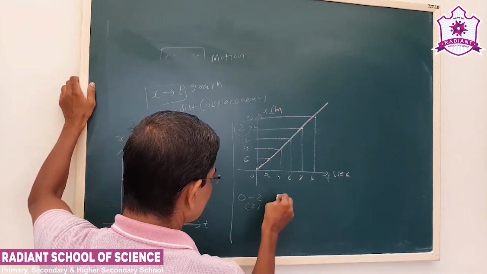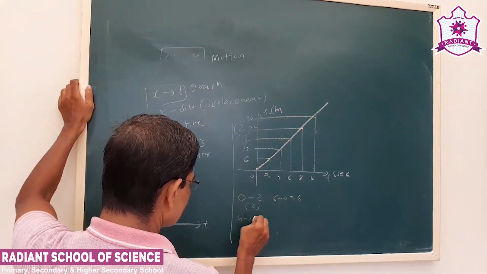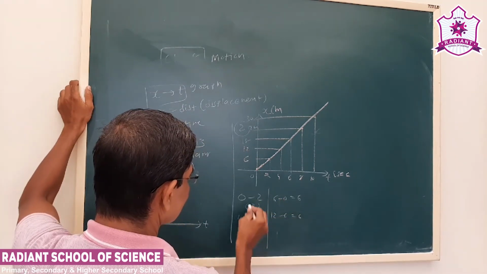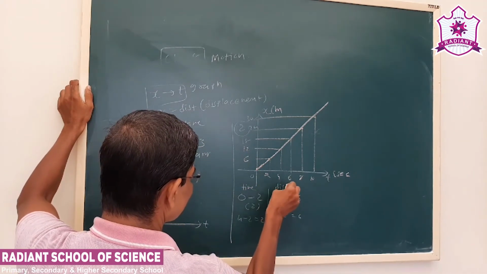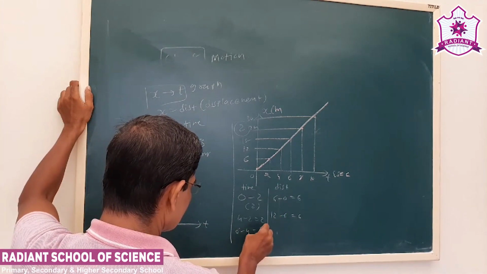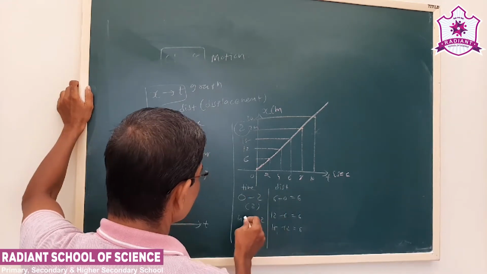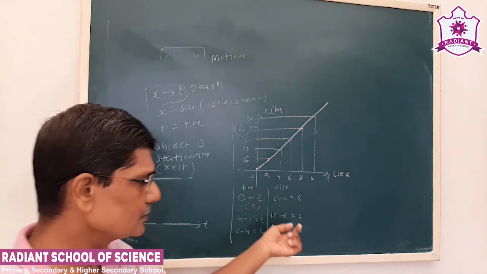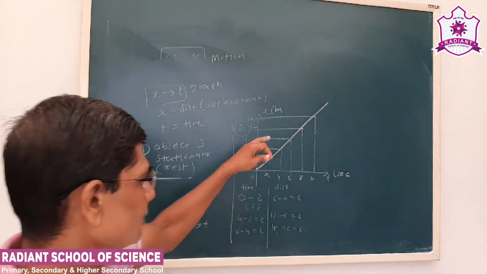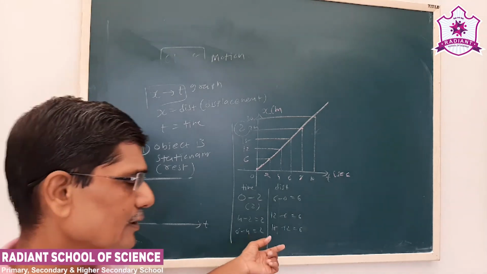Next time interval is 4 minus 2, distance covered is 12 minus 6. Next time interval is 6 minus 4, and distance is 18 minus 12. In every 2 second time interval, the object covers 6 meter. So, when x versus t graph is a straight line, the object moves with a constant speed.